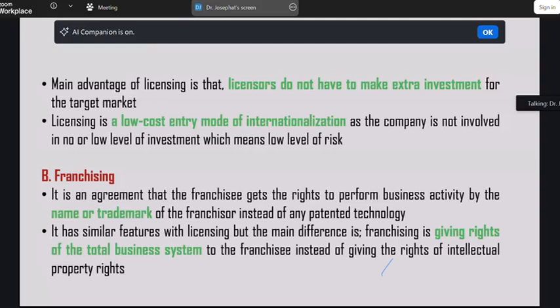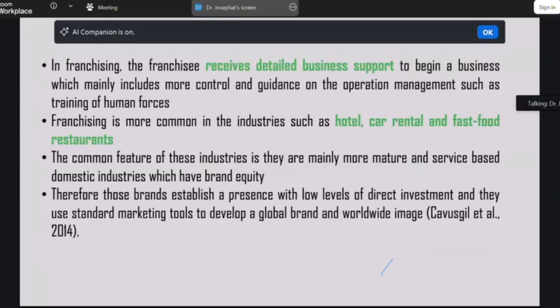Ukitest Coca-Cola iliyoko Tanzania, ukienda nchi nyingine yoyote, you find the taste is similar, the quality is similar. There's no difference between one bottle to other bottles. Of course, bei zinatofautiana kutokana na kipato cha nchi husika, kutokana na economic situation of the country. But in terms of quality, they are almost similar. So hiyo tunaongelea ni total business systems on the part of franchising, which is totally different to licensing.